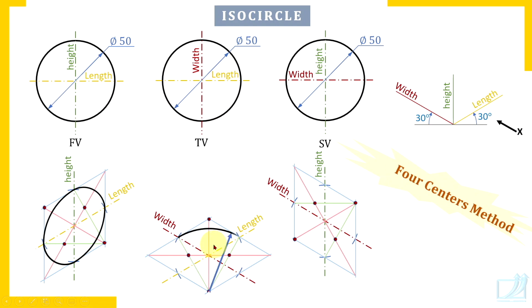So check here. And for the shorter arcs, the center is in the same quadrant. So if you want to draw an arc here, then the center is in the same quadrant here. Check. So this is how we have drawn this circle, which is in the top view of the orthographic view.